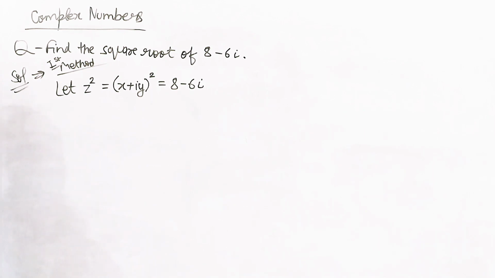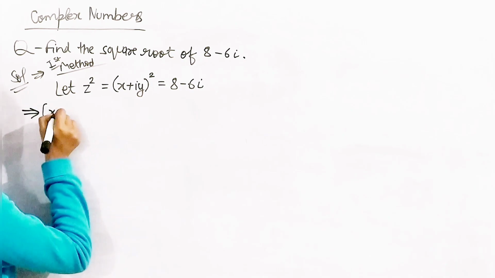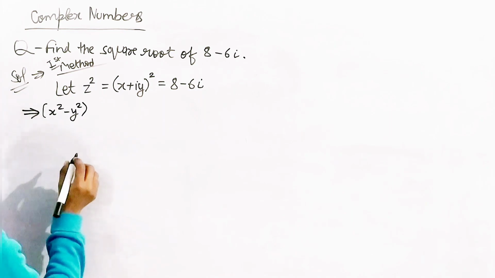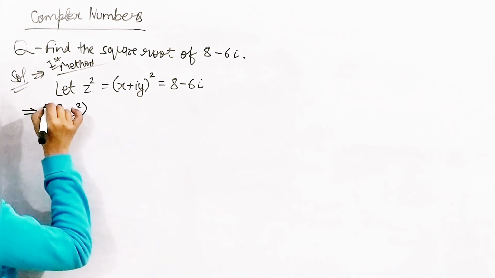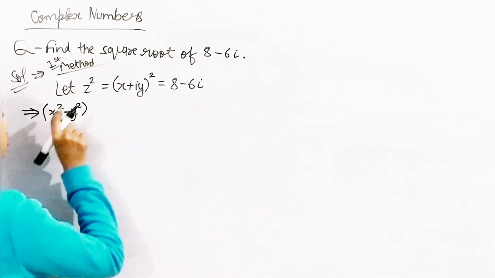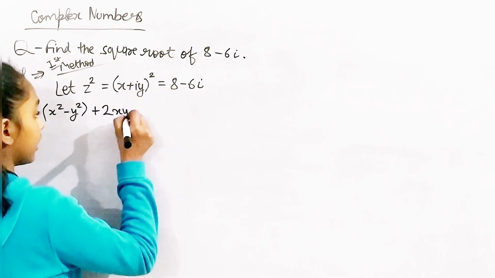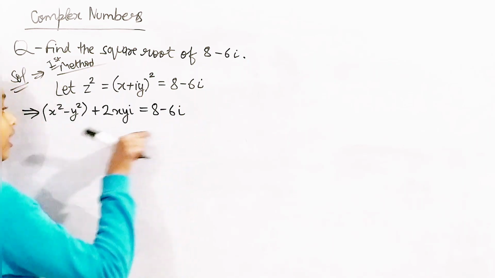So what I'm saying is this x squared minus y squared, and I'm going to make it a common bracket. So x squared minus y squared plus 2xy iota is equal to 8 minus 6 iota, right?